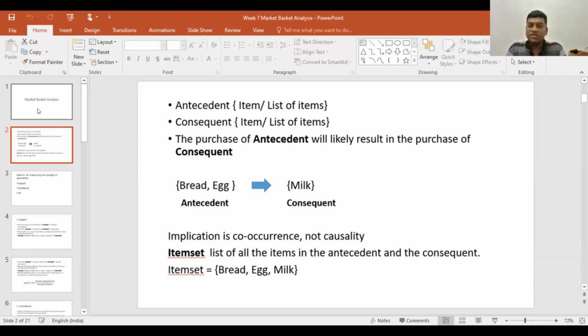That is a separate topic in itself, but they insist on the fact that this doesn't imply causality. So we define item set as a list of all the items in the antecedent and the consequent. In this instance, the item set is bread, egg, and milk. If you have an antecedent of bread and egg and a consequent of milk, then you have an item set comprising bread, egg, and milk.